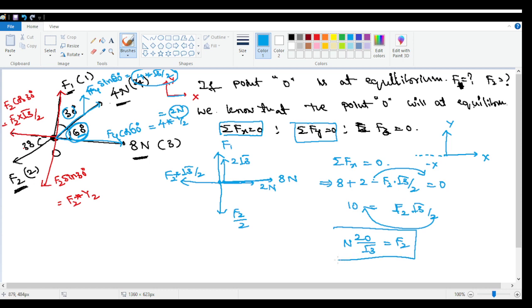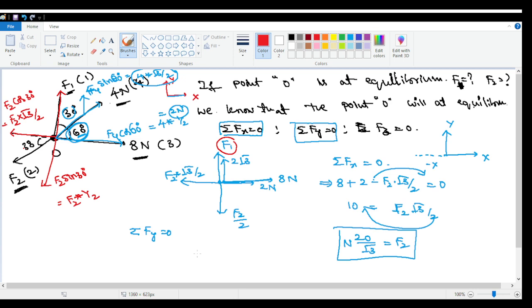F2 we got. Similarly, by applying the same concept along the vertical direction, sigma F of y is equal to 0, you can solve this one. Will you try to solve this one also? Try to solve. I am not explaining, I am directly writing this one. First write F2.